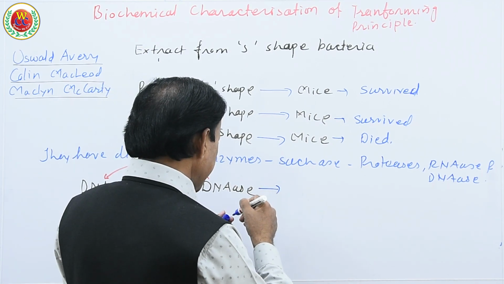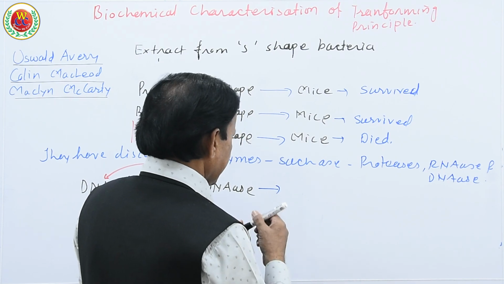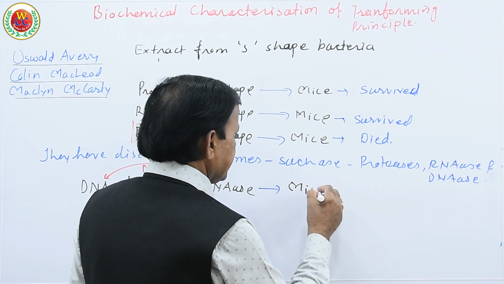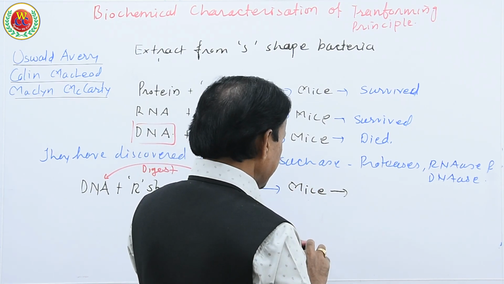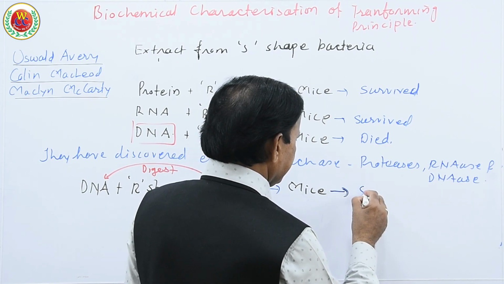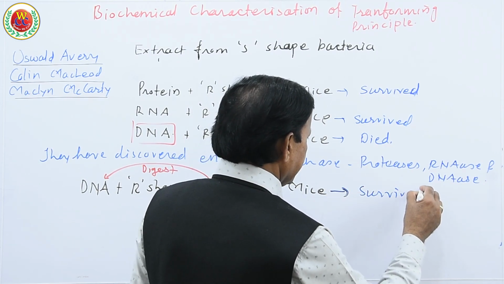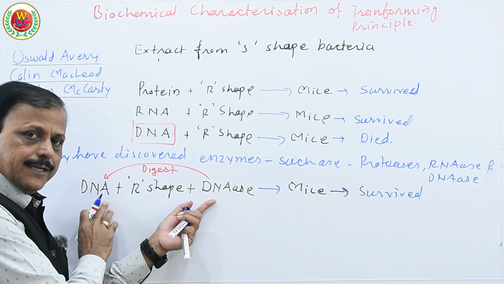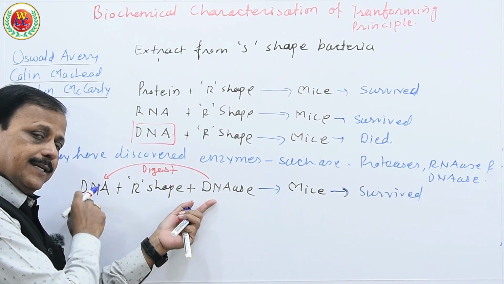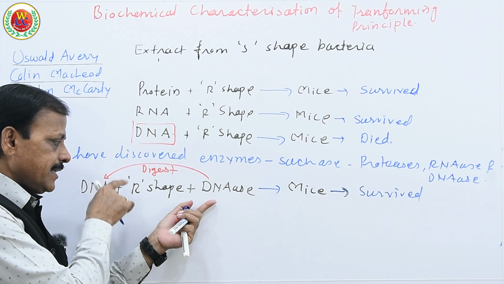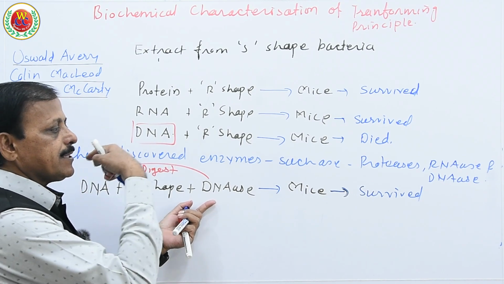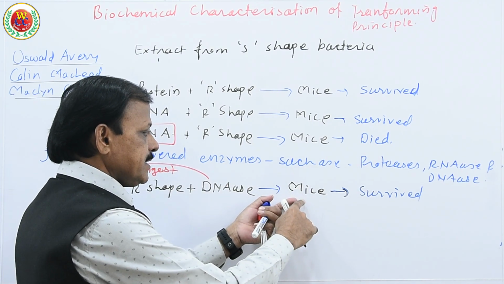So they injected this into the mice, and it was found that the mice survived. Because the DNA was digested, there was no DNA in that combination, therefore R-shape was not converted into S-shape to cause disease to the mice.